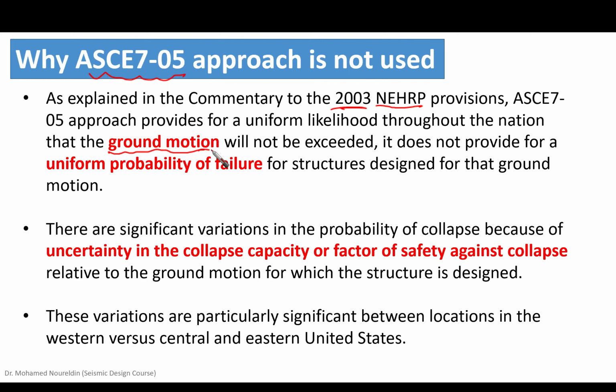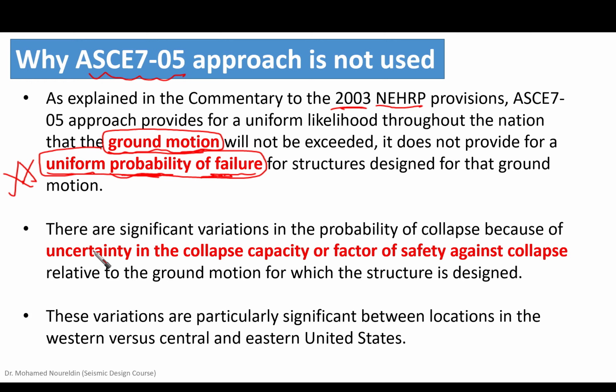That's the main idea here. Ground motion is not going to be exceeded within a specific period of time, which is 50 years. But it doesn't provide a uniform probability of failure for structures designed for that ground motion. This is the main shortcoming of ASCE 7-05. It doesn't consider the probability of failure.